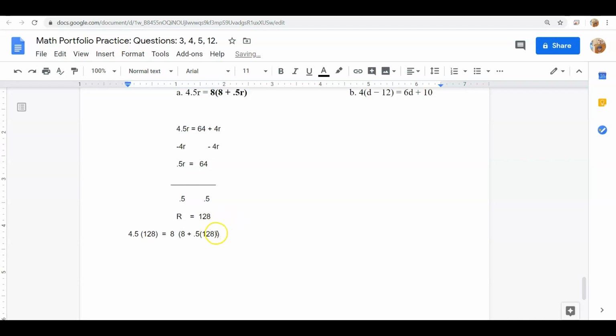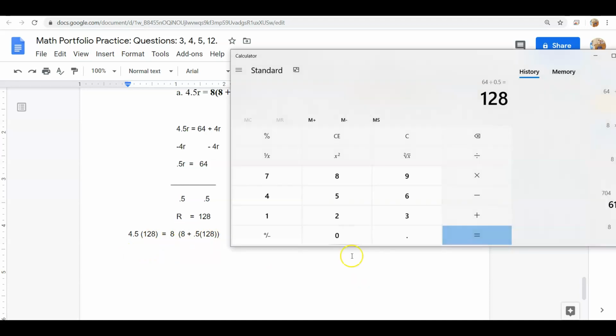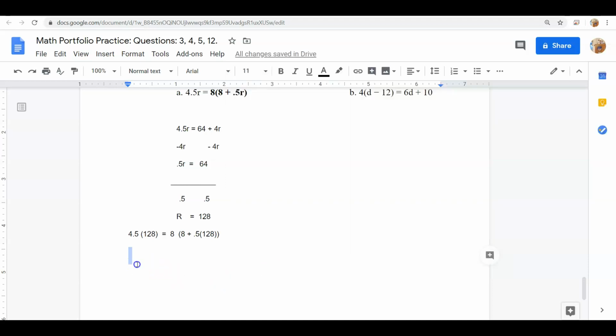Yes, you could have those parentheses looking like that. All it's trying to say is within these parentheses, you need to figure this out first. So let's solve this. 4.5 times 128. Real easy. 576. And that's the left side solved.